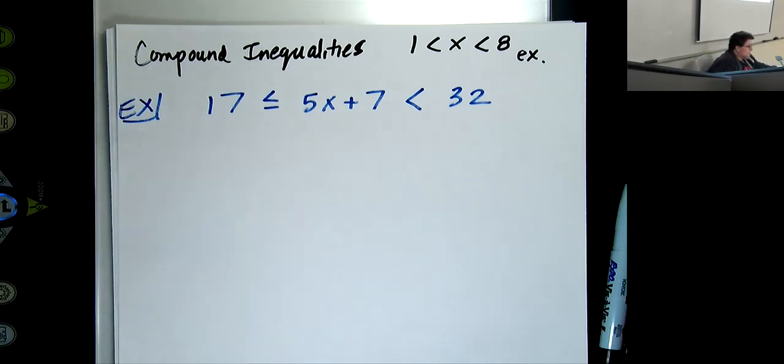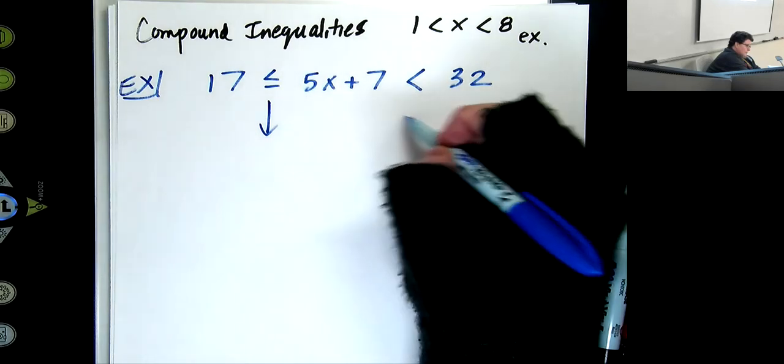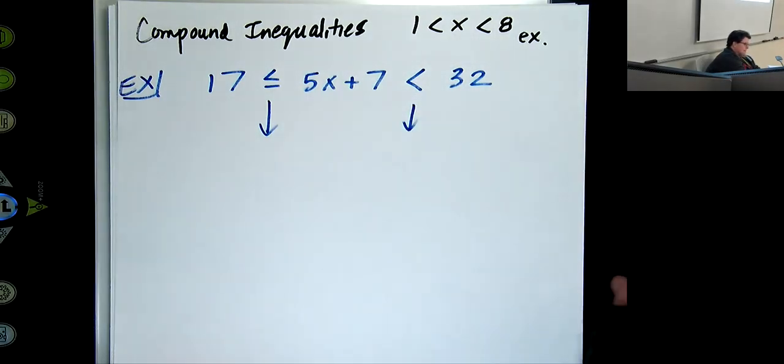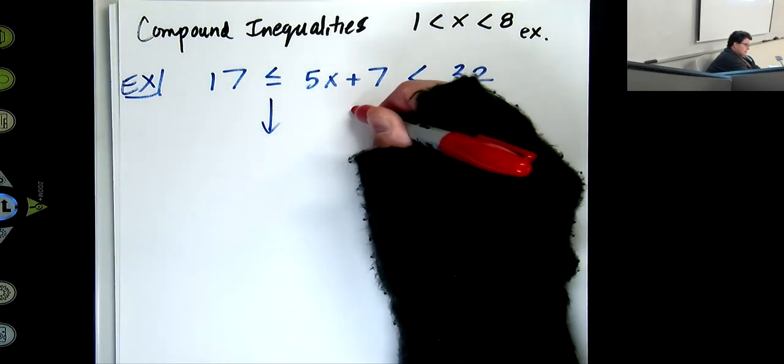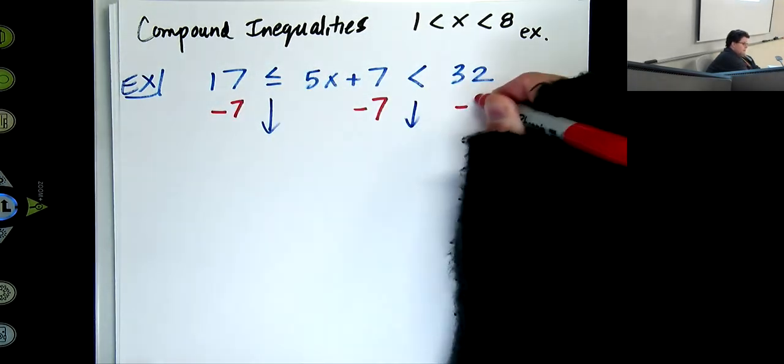The rule we had before, what we do to one side, we do to the other side, still applies. But now it's to every side, every section. So if I want to subtract 7 from the middle to get rid of it, I have to subtract 7 from both other sides.